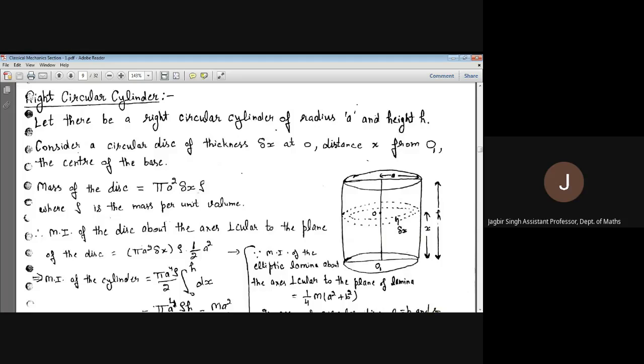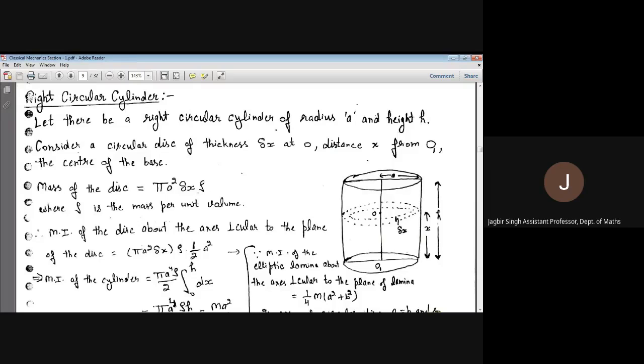Okay, students. To obtain the moment of inertia of the right circular cylinder about its axis, we cut the cylinder into circular discs. Again, I would like to give the example of a pack of breads, but this time assume all the breads are circular.